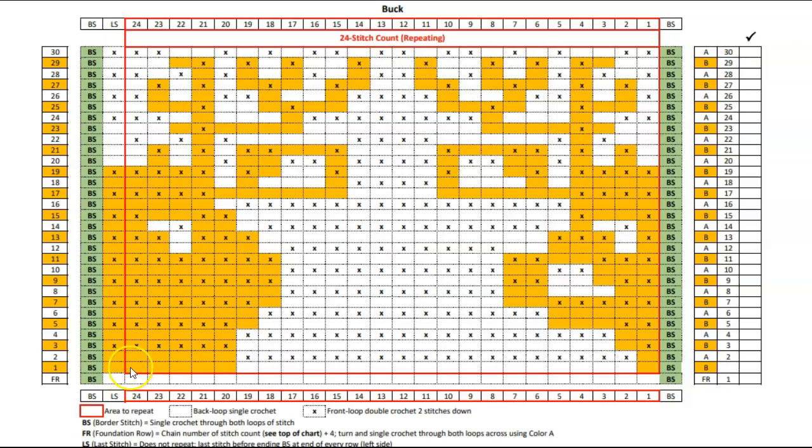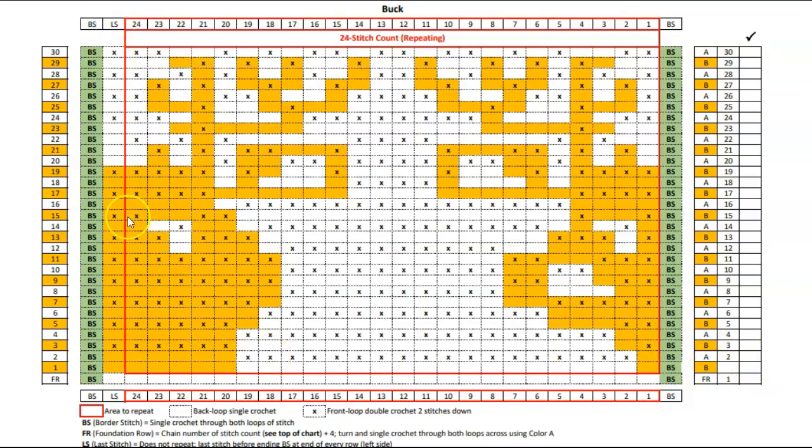Then when you come to the end, you're going to have an extra stitch in here I call the last stitch, LS. You only crochet this last stitch when you're at the very end of your row and you're ready to fasten off. Then when you're at that point, you crochet this last stitch, then your border stitch, then fasten off, and then come back over here and change colors.